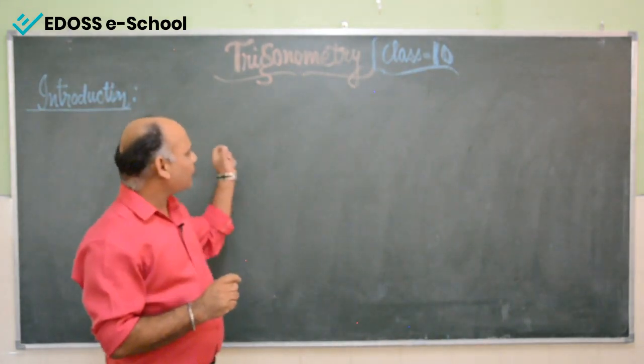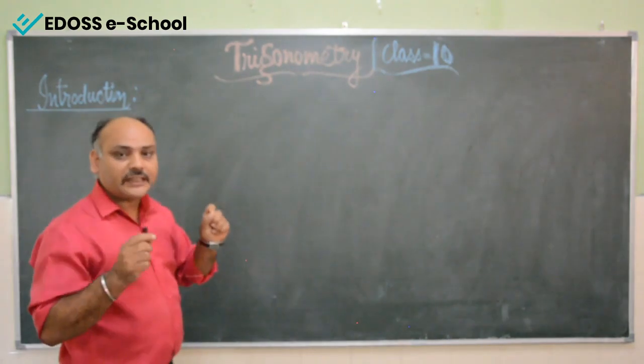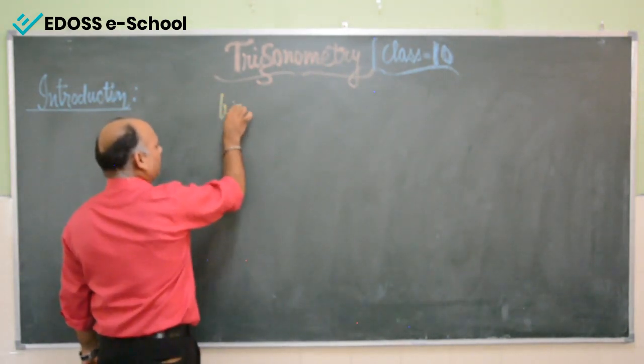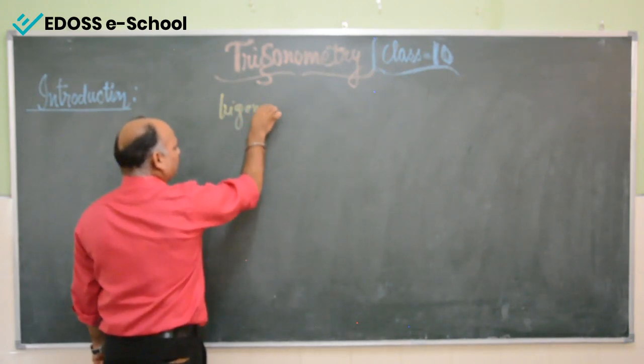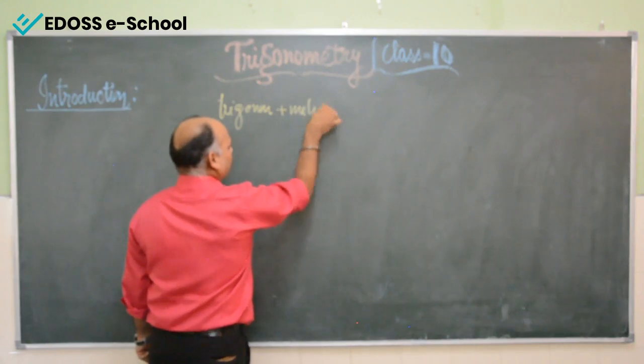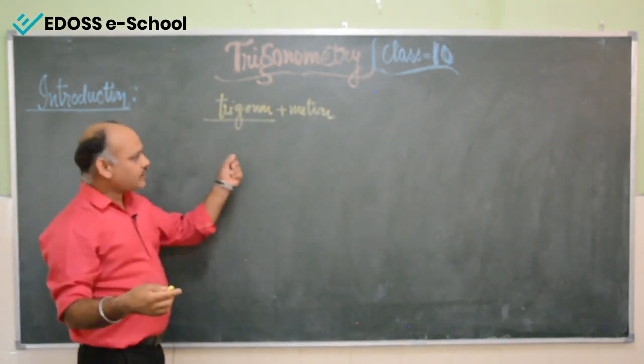If I am talking about trigonometry, then trigonometry is made up of two Greek words. The first one is trigonon plus the second one is metron.